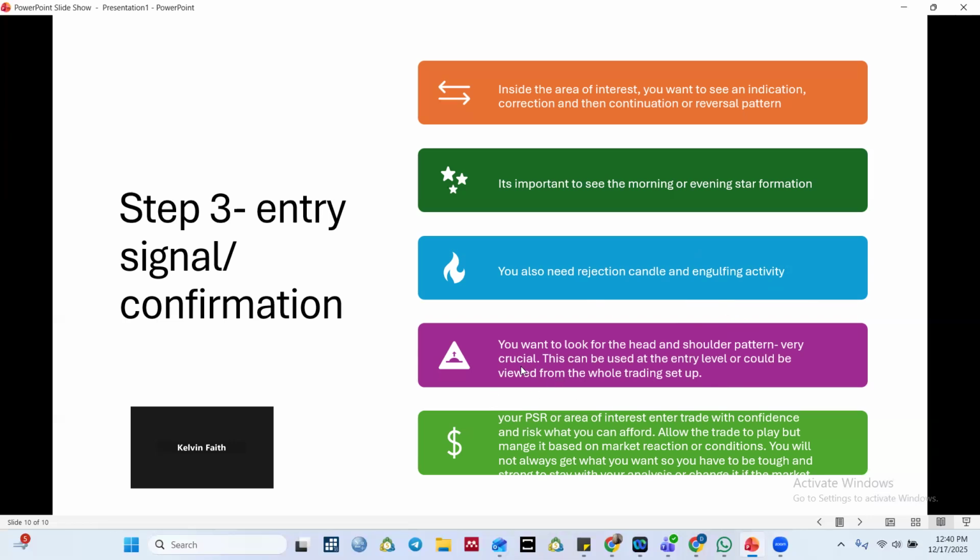Then the next step is you want to look for a head and shoulder pattern. Okay, and that is very crucial because in the market, anytime the market wants to give you, let's say price has been going up, it's been buying, then you got a pullback.